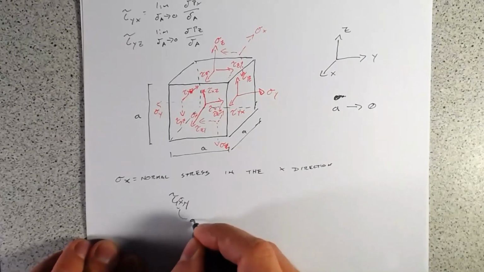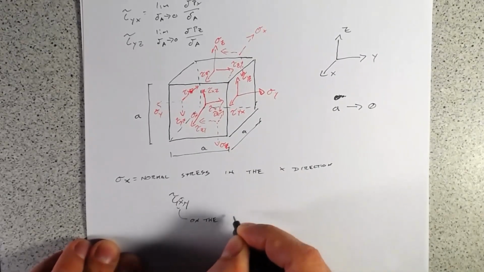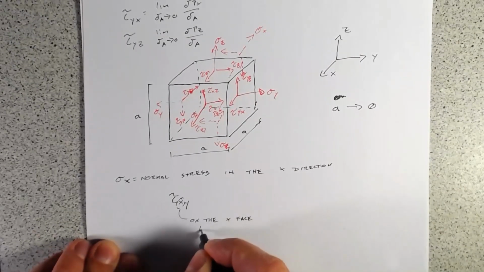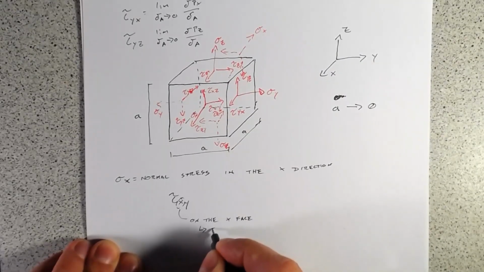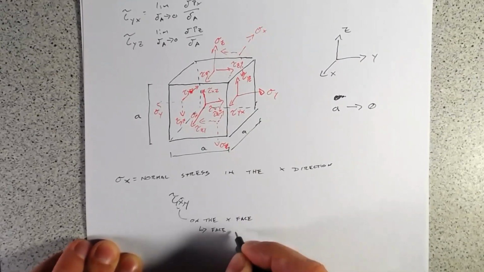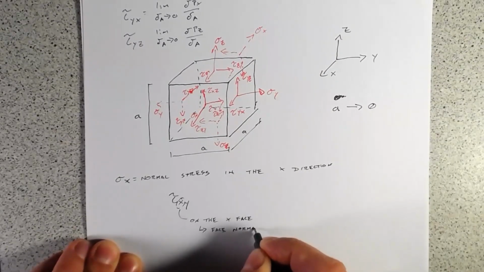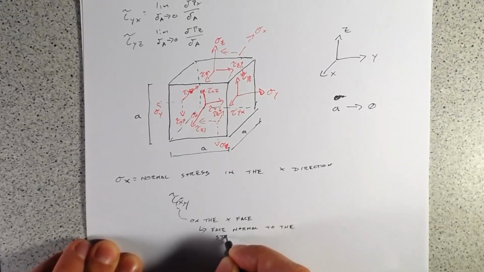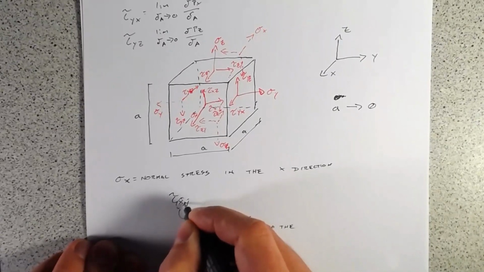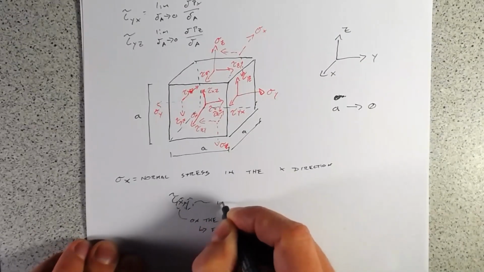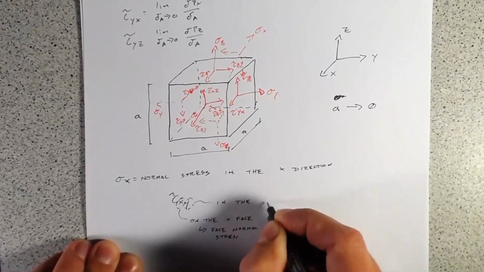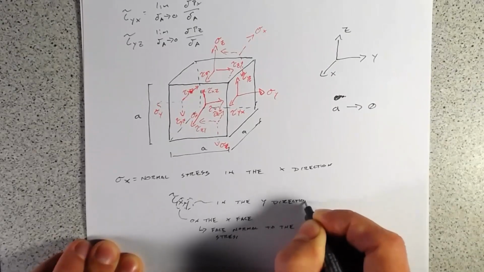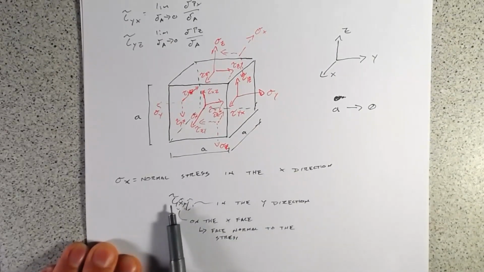And this will be on the x face, or you can think of this as the face normal to the stress. And then the second subscript will be in the y direction.